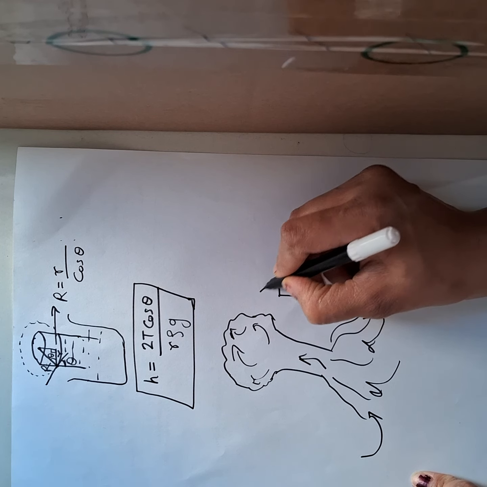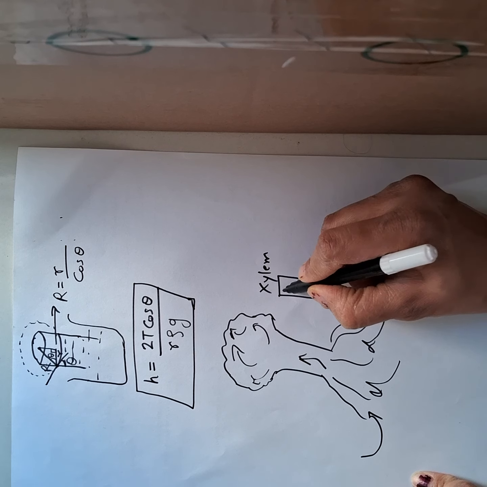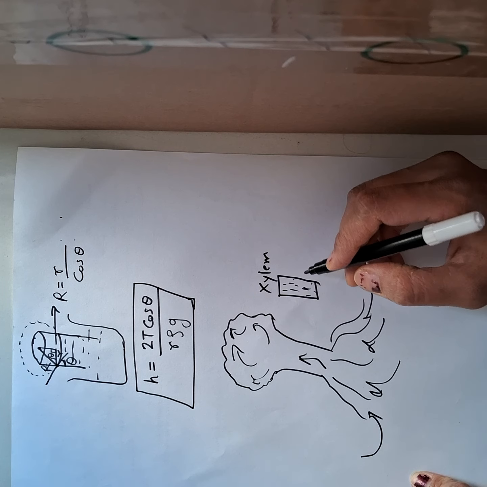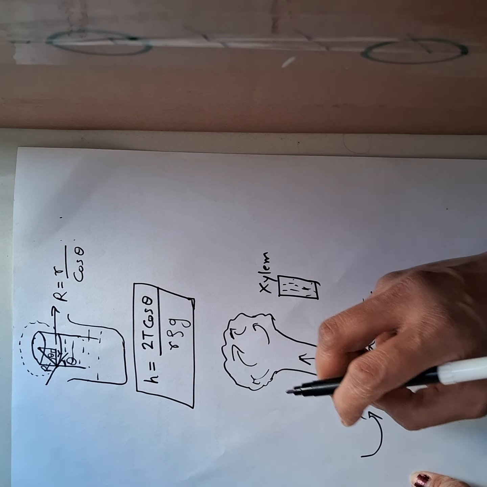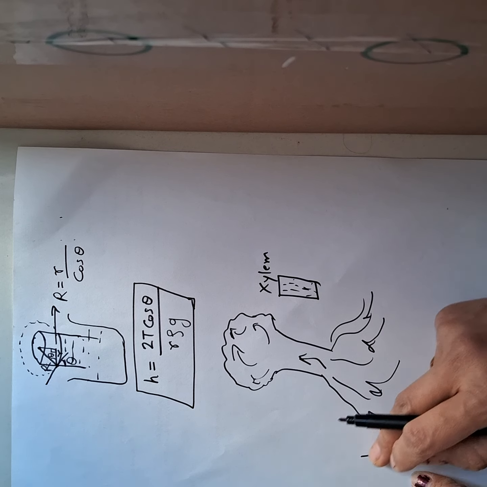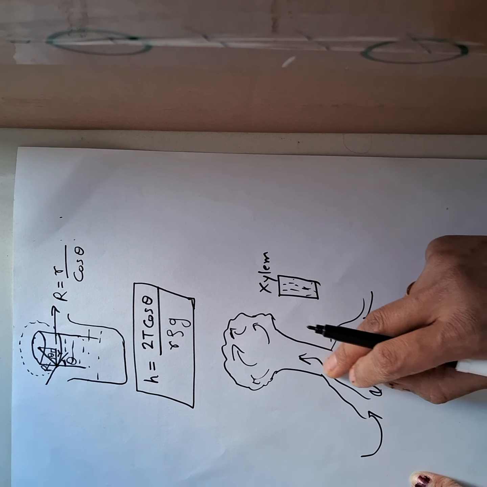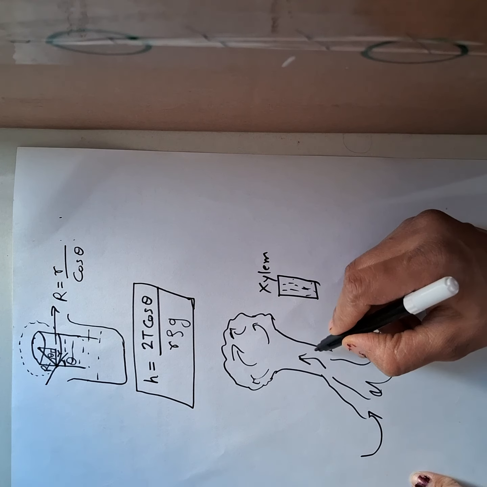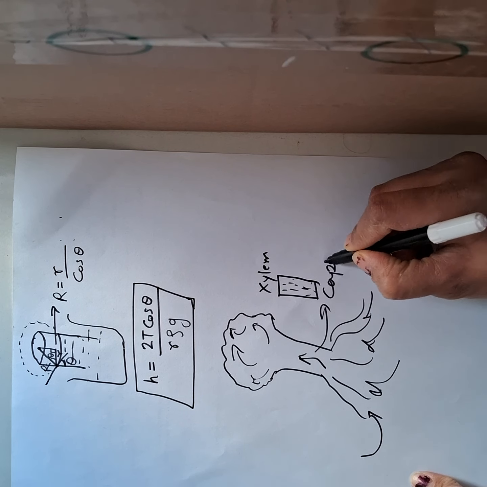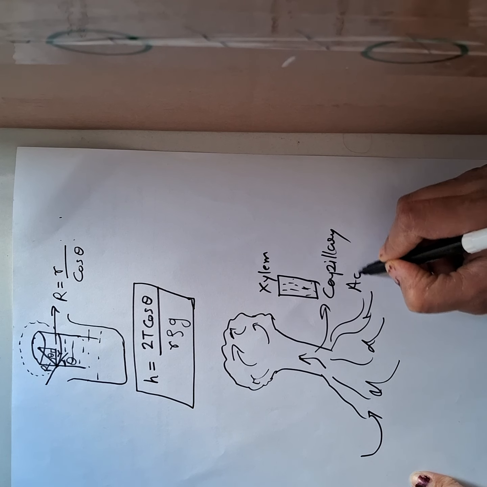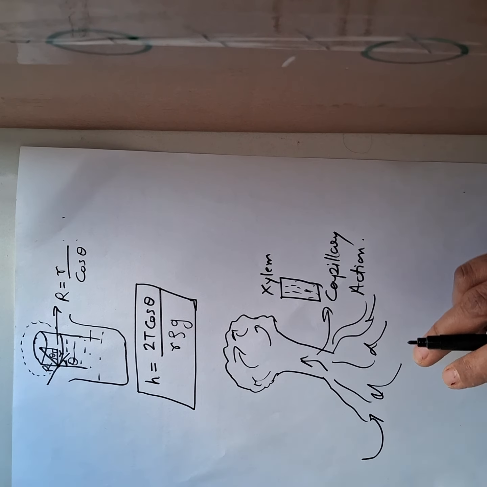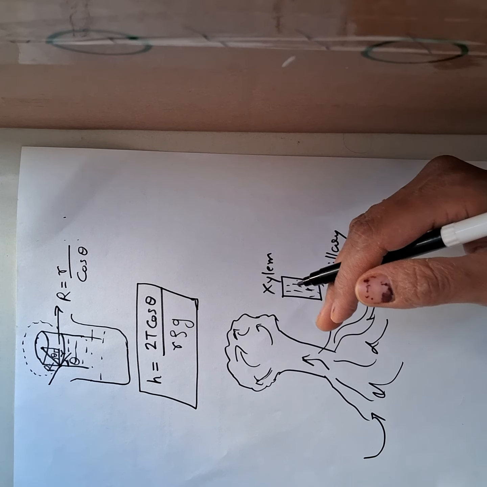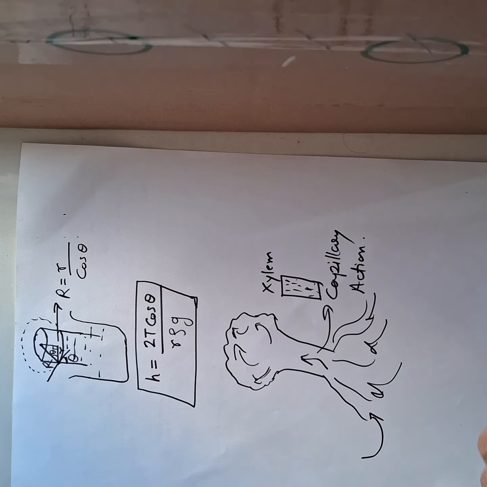Xylems are nothing but capillaries present in the plants along the length. This xylem helps in absorption of water. The water gets absorbed in the xylem and is transported from the roots to the trunk and to the leaves. So this is how capillary action takes place in plants, and the water and nutrient absorption is carried out with the help of this xylem.